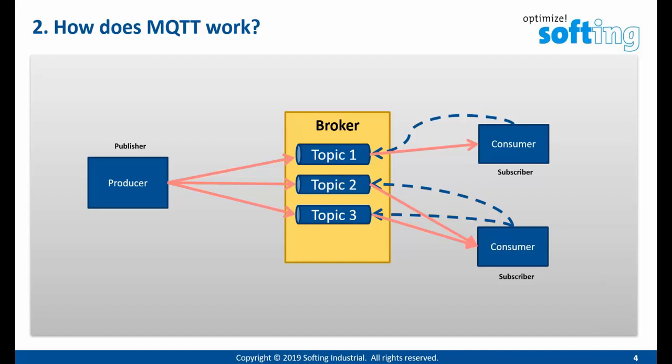The publisher is the part that generates and sends the data to the broker, and the subscribers are the parts which are interested in the messages or only in specific messages, and they do a subscription on the broker, and the broker will send the message as soon as they are available to the subscribers.